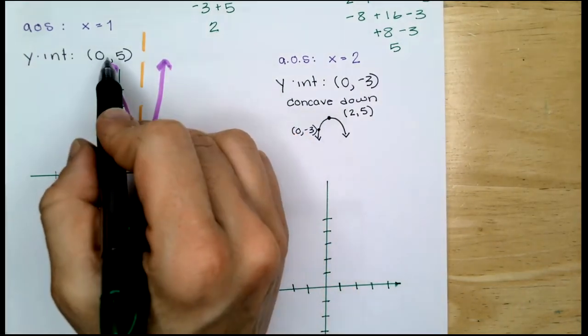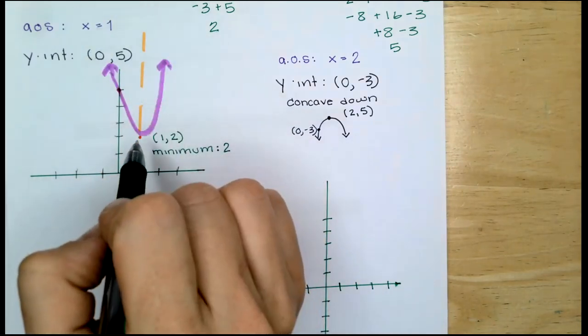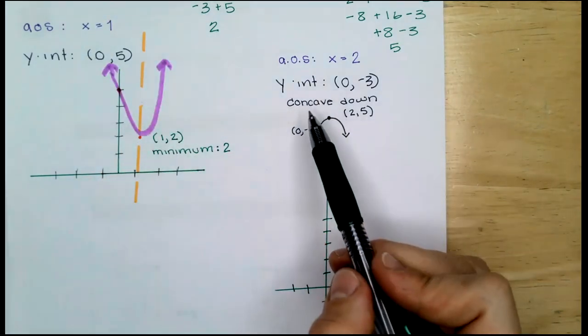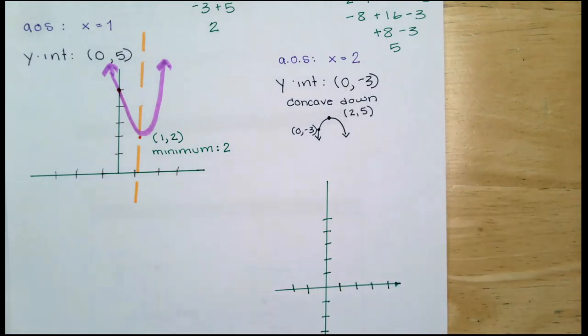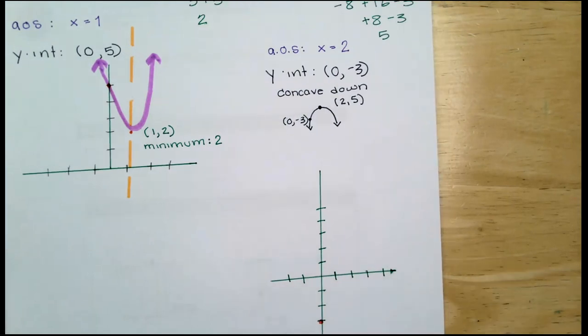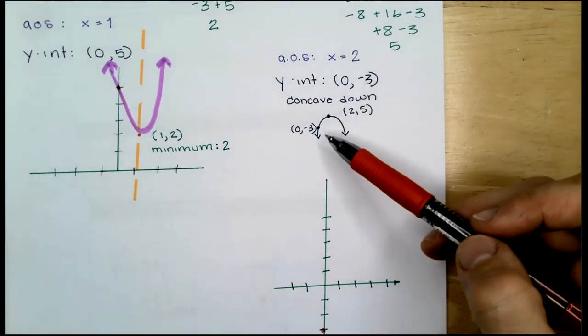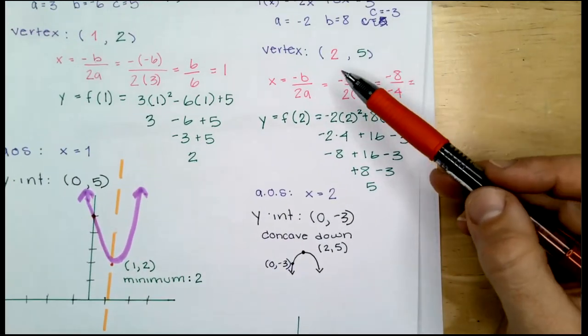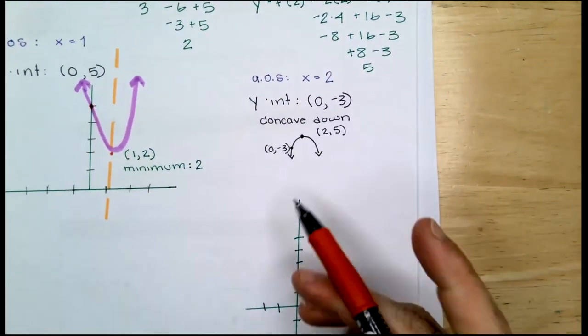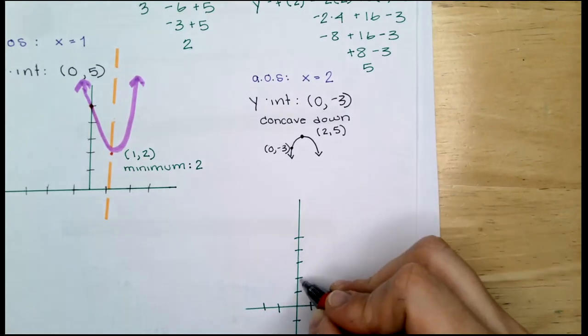I only made half of this before because I knew it opened up and that the lowest point was 1, 2. Now it's going to cross the y-intercept at negative 3. So this point is on the graph. And then the vertex is 2, 5. Positive 2, positive 5. So over 2, up 5.